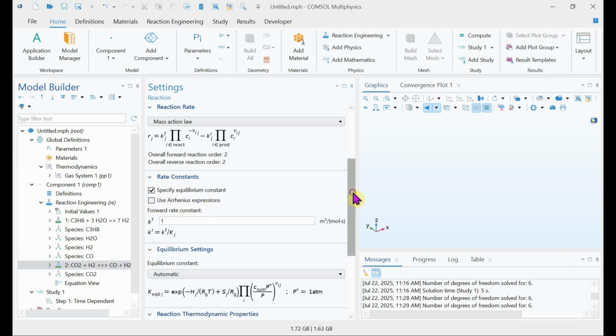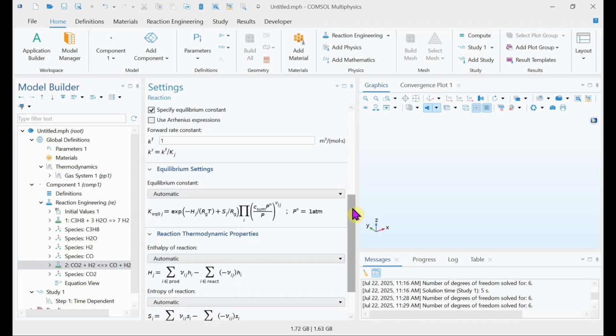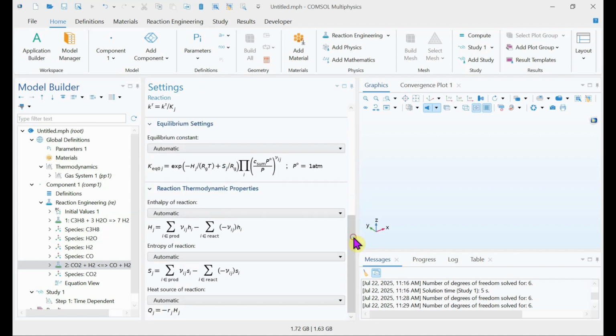Then I delete the check of this box, and I want COMSOL to automatically calculate the rest of the parameters and constants.